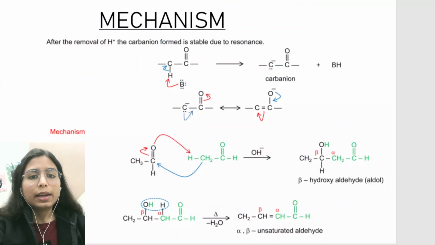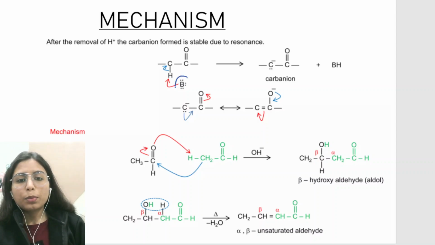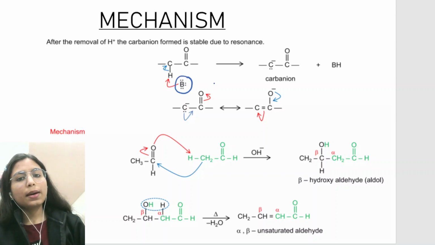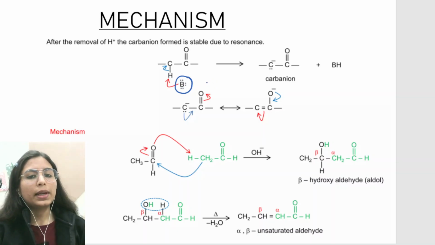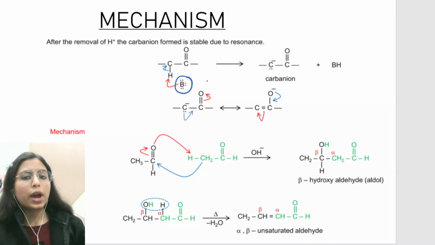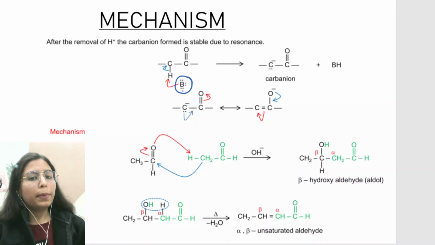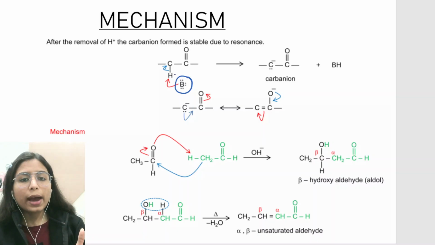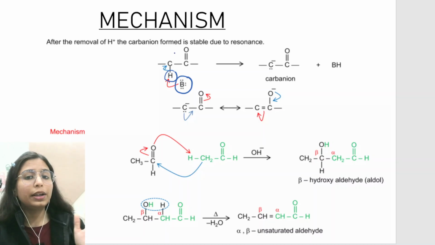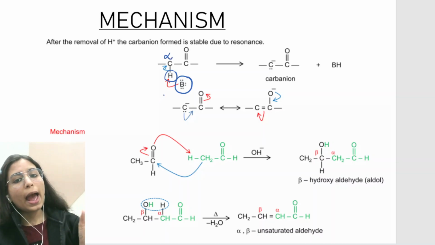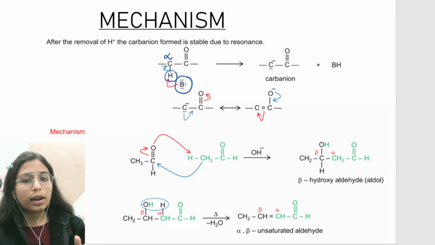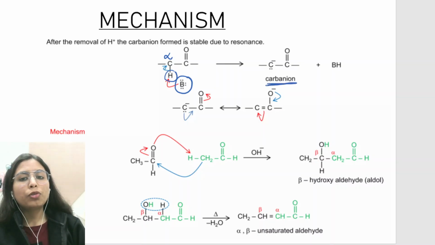In this mechanism, let's suppose this B indicates that it is a base. What is the property of any general base? It is responsible for the abstraction of protons. So this base will come up and abstract the acidic hydrogen that is present over here, that is the alpha hydrogen. This is your alpha carbon, and this base will abstract the alpha hydrogen, and this bond will shift towards this carbon, indicating that a carbanion is formed.